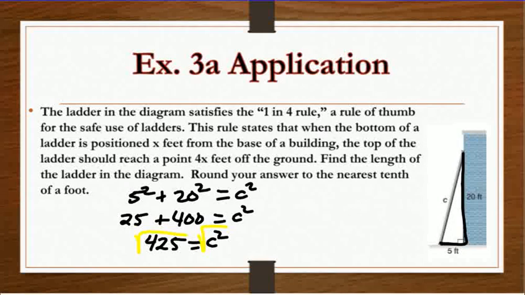So the square root of 425, to the nearest tenth, would be 20.6. So 20.6 feet would be the answer. That's the length of the ladder from the ground to the top part.